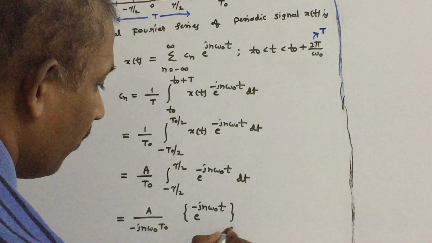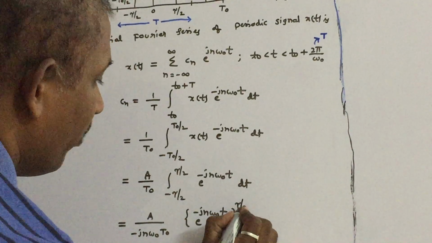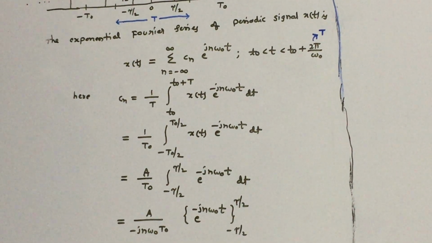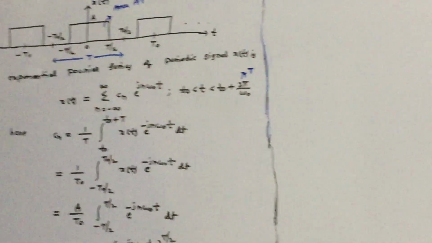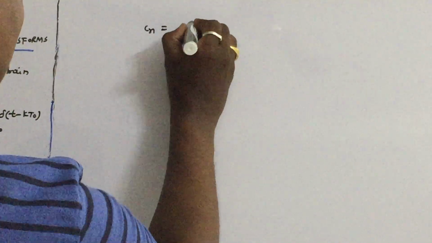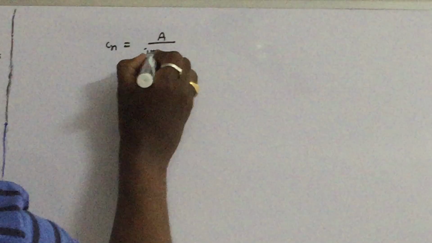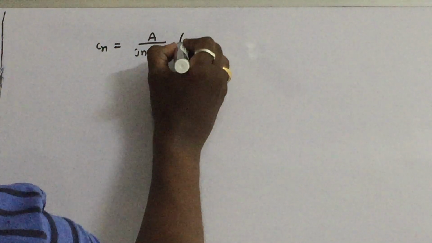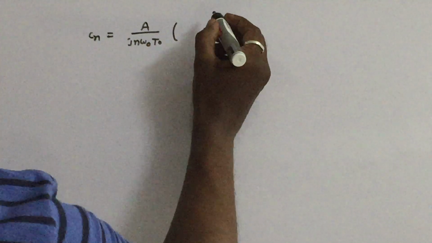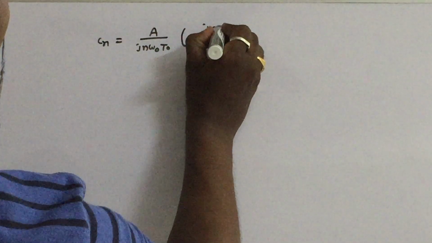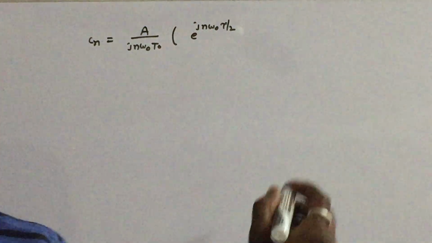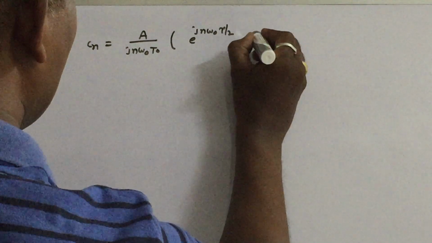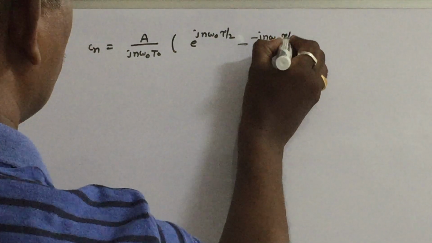Substitute the limits, minus tau by 2 to tau by 2. So let us write this again here. Therefore Cn is equal to, taking the minus sign inside, a by j n omega naught t naught into e power j n omega 0 tau by 2 minus e power minus j n omega 0 tau by 2.